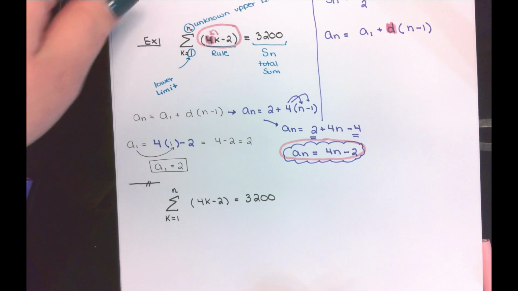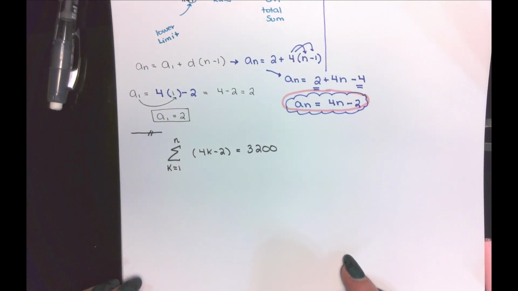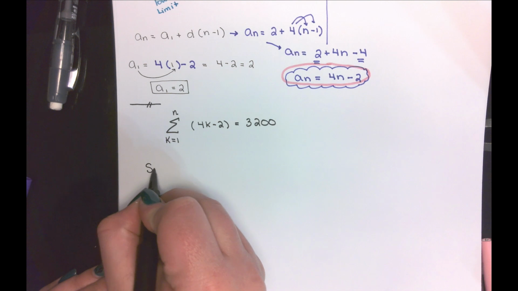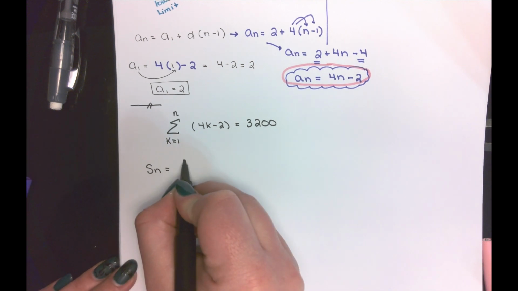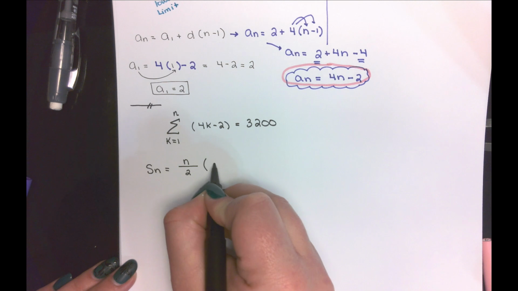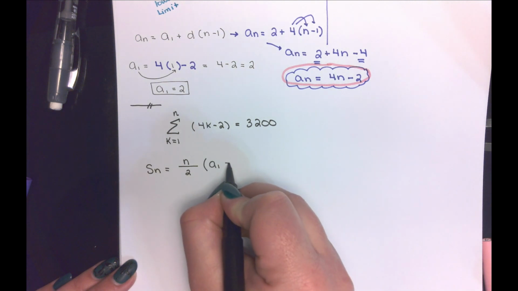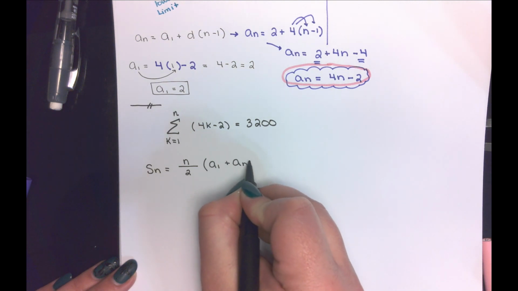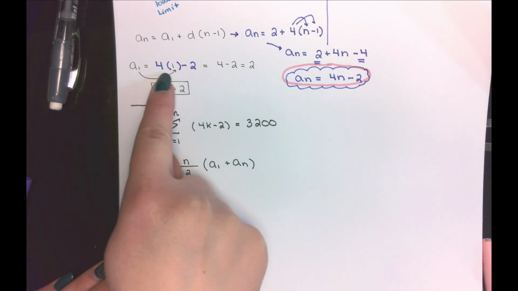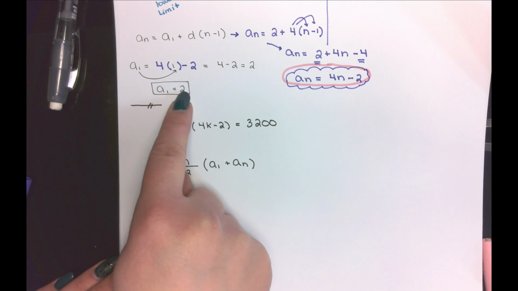You are going to rewrite the formula: S sub n is equal to n divided by 2 times a sub 1 plus a sub n. We already solved for a sub 1 here, so we know that a sub 1 is 2.